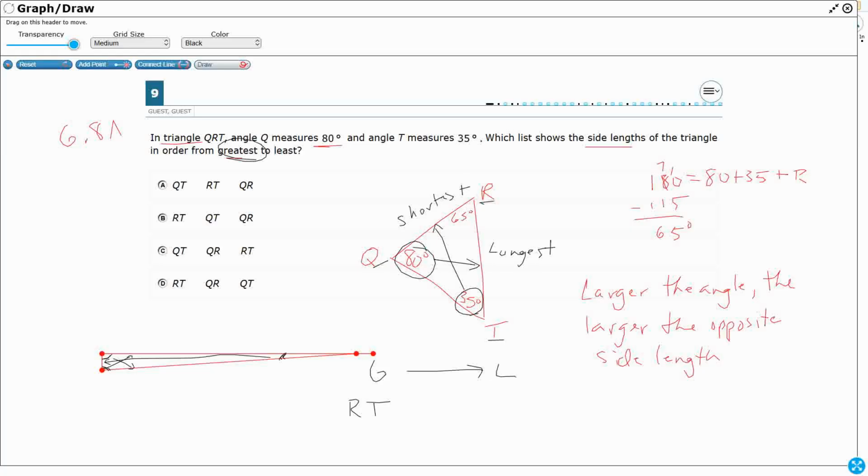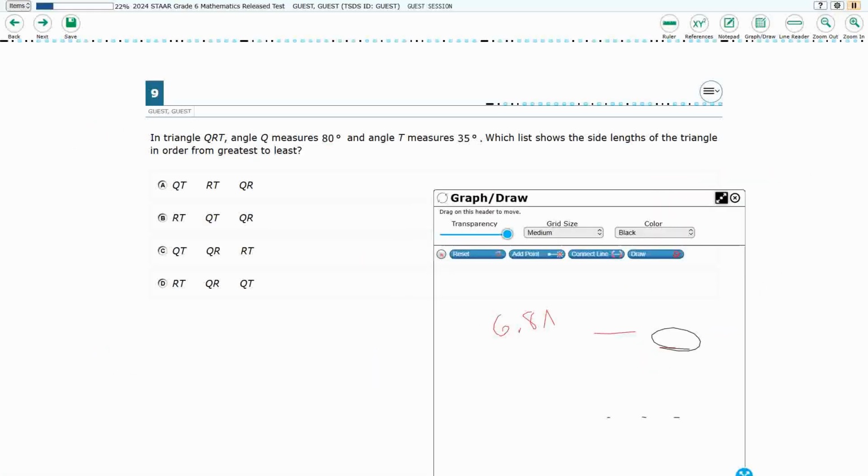This is QR, which means this 65 degrees is right in the middle. So I'll put middle right here, and that's QT. All right, so here is my list of side lengths in order from greatest to least. So I've got RT, QT, QR. So there's my answer, B.